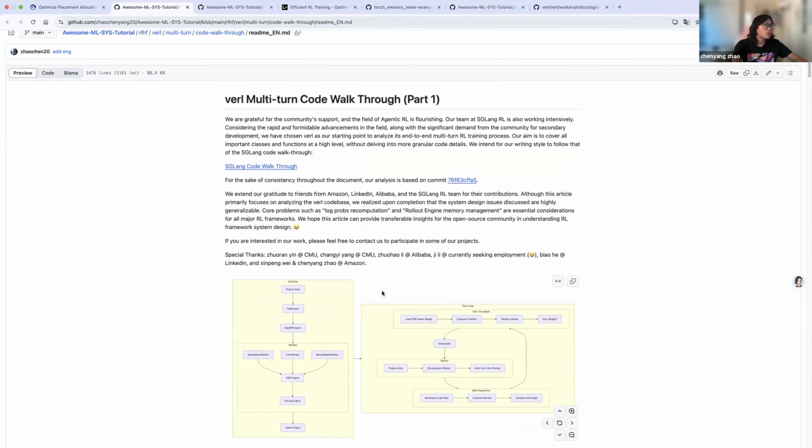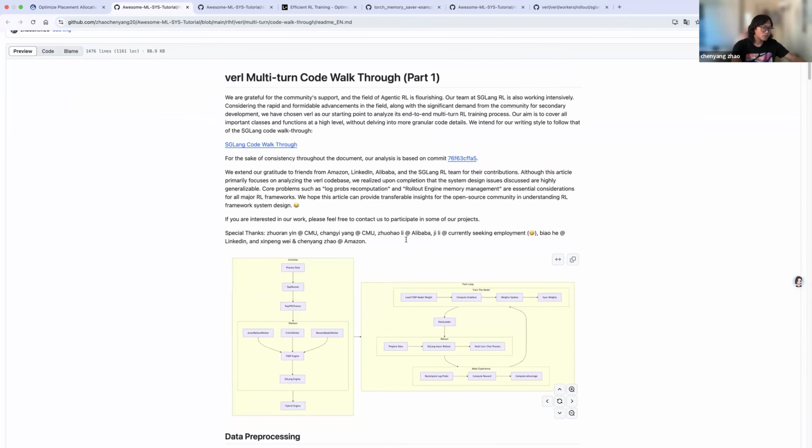The first part we want to discuss is a detailed comparison between the placement algorithms. As we all know, we have chiefly two placement algorithms. The first one is the disaggregated placement. That means we disaggregate the actor model's rolling out and the actor model's training onto two different sorts of devices. On the other side, we have a collocated placement algorithm.